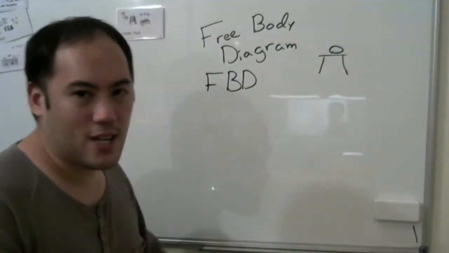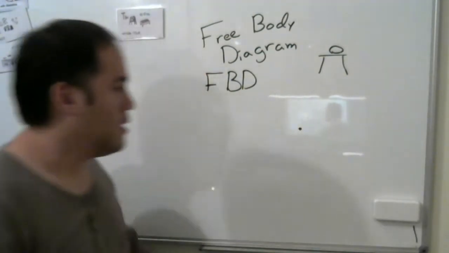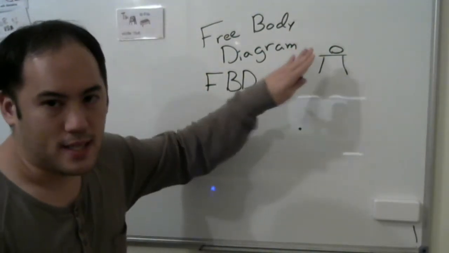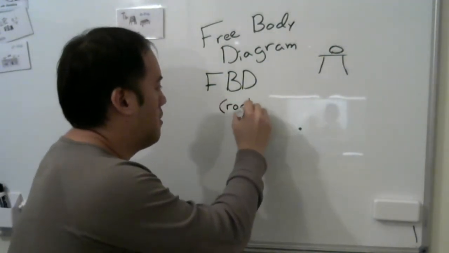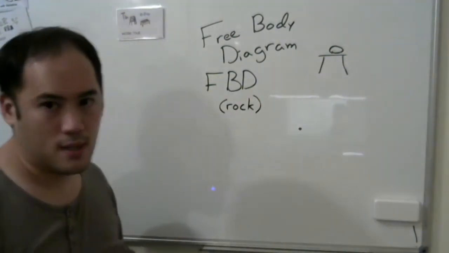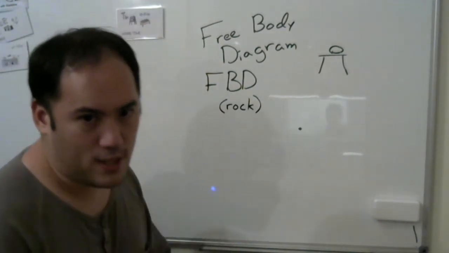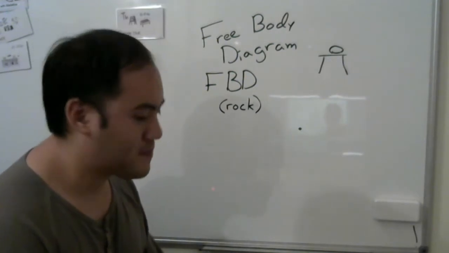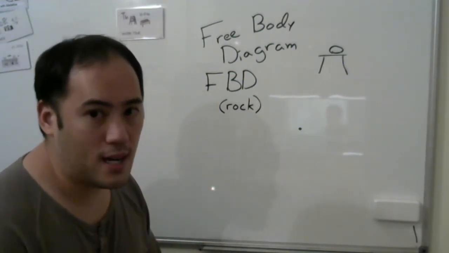To draw a free body diagram, step 1, make a dot. The dot represents the object, in this case the rock. Don't draw the rock, don't draw the table, just draw a dot. Simple as that. Then, think about every force on the object.